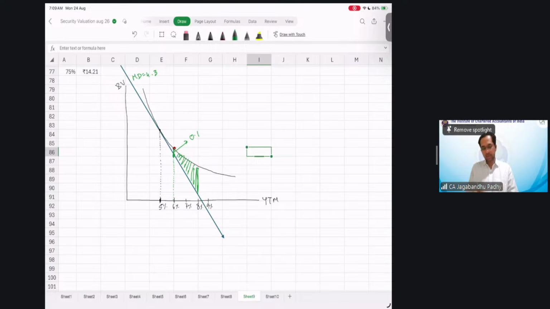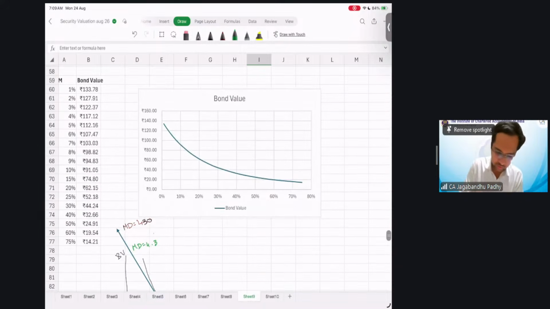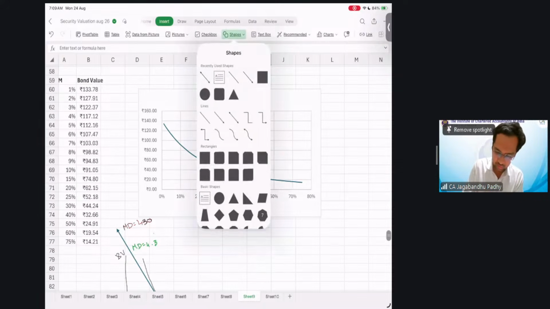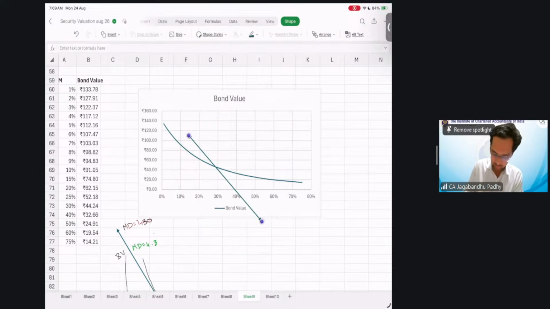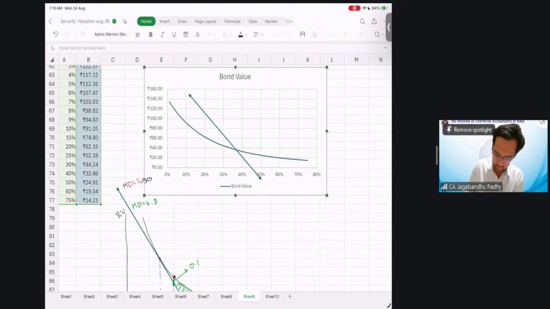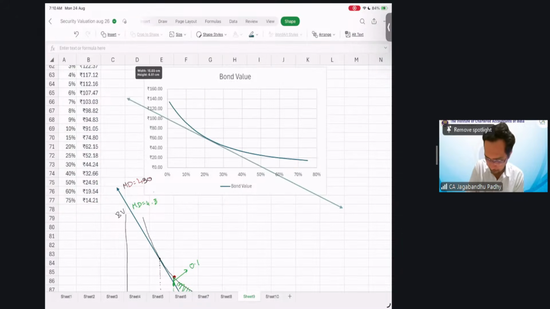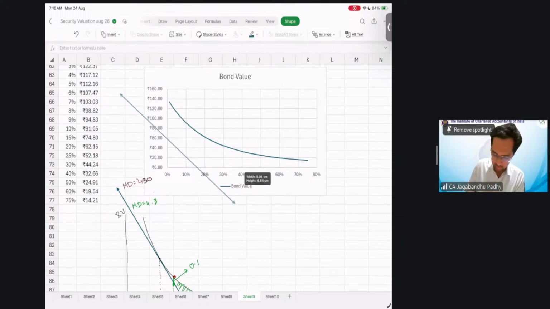This error is primarily due to the curvature effect of the bond. So in the same way over here, if we draw a straight line, you can see there's always a curvature effect which is happening.